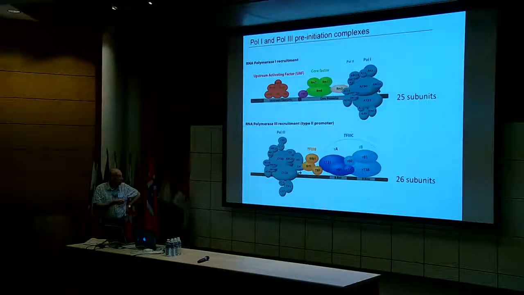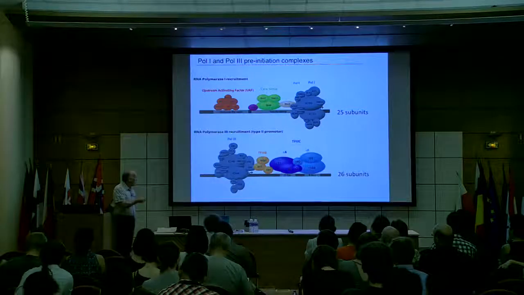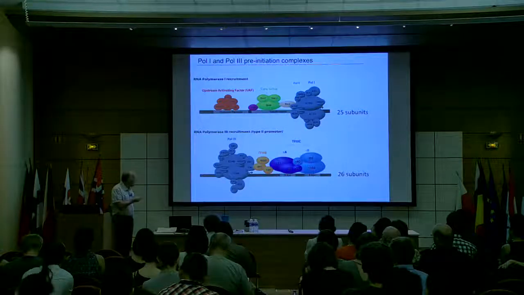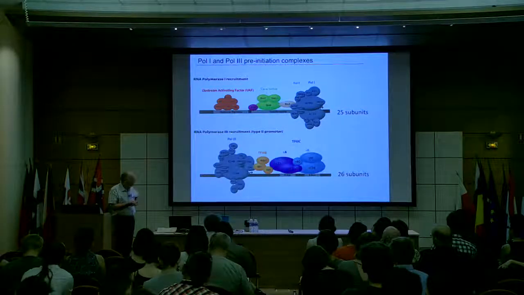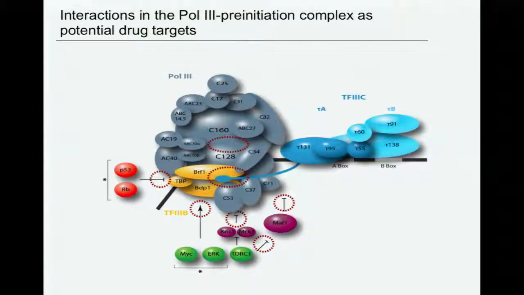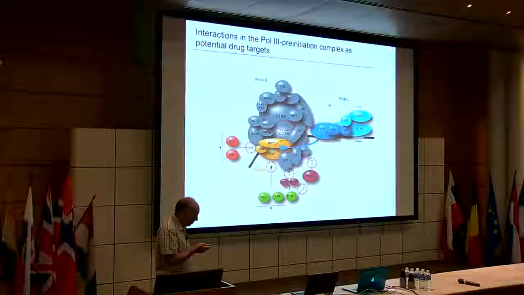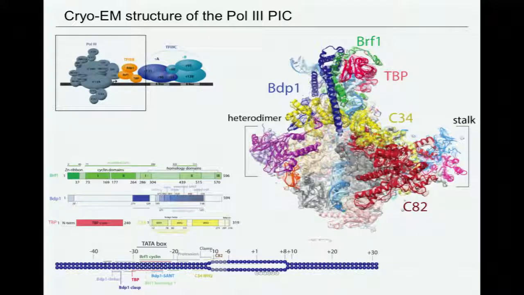TF3B has extremely tight binding to DNA if it's in complex with RNA polymerase 3. And this just comes back to what I said at the beginning: many of these tumor suppressors actually target the Pol 3 pre-initiation complex, so understanding the architecture there is important and is also of medical relevance.